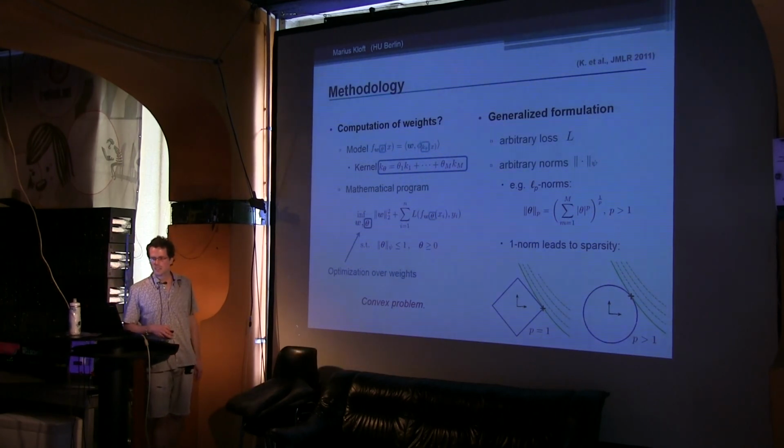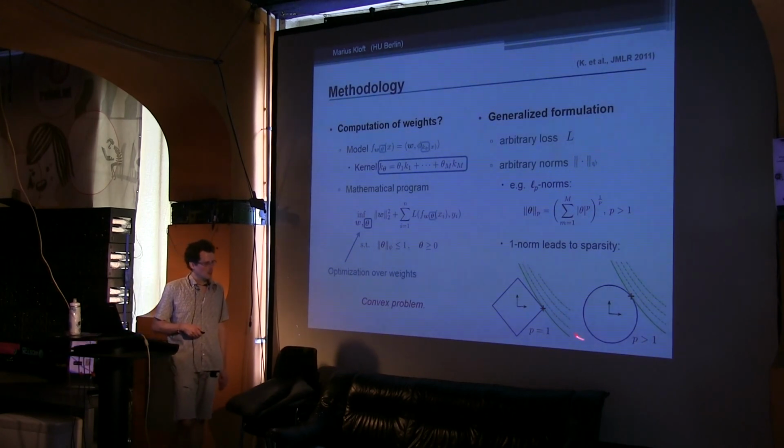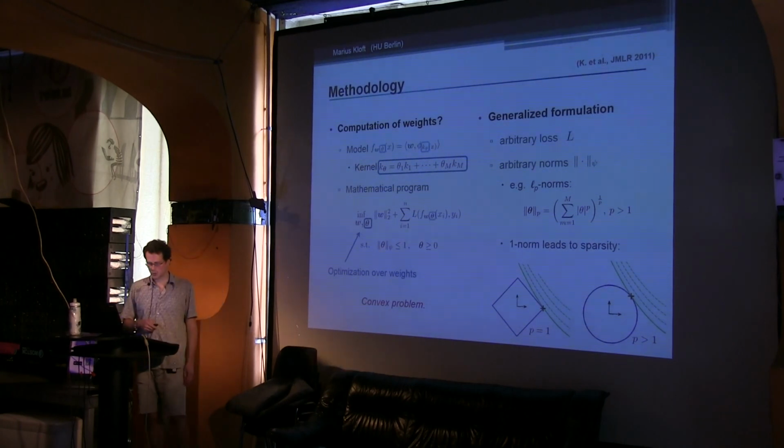So shall I explain this picture? What is shown here are the level sets of the objective function of this problem. And we can see that the optimum is where it hits the constraint, because we need the constraint to be fulfilled. And it happens that it will be on the edge or off the edge of the constraint set, depending on which parameter you choose.